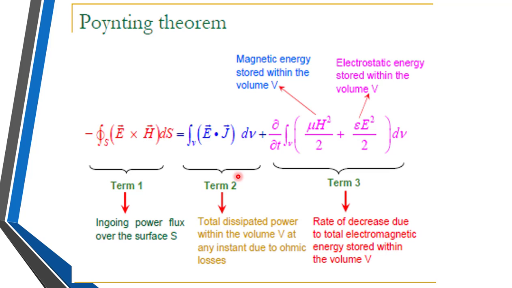So if a conductor has a cross sectional area A carrying current I, and a voltage drop E bar per unit length, it will have a power loss of E into I watt per unit length.